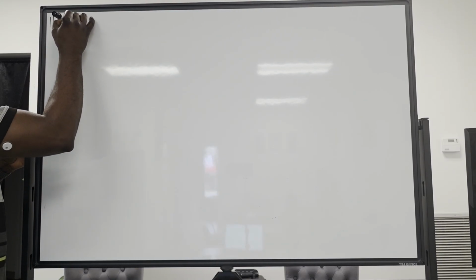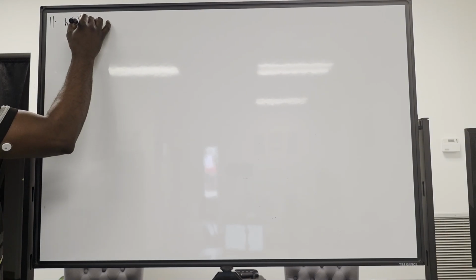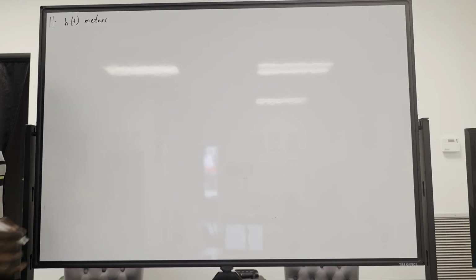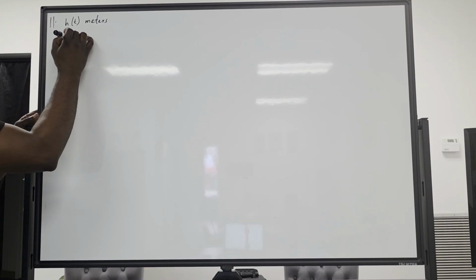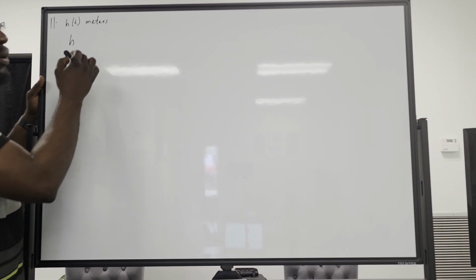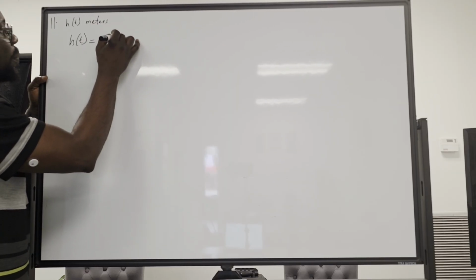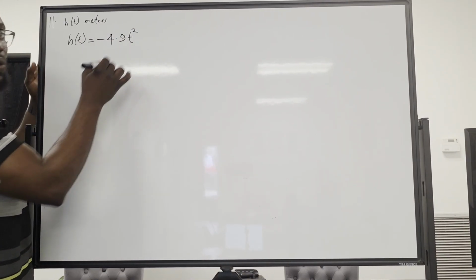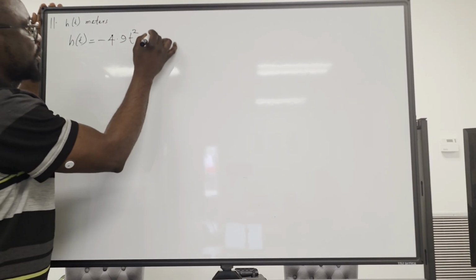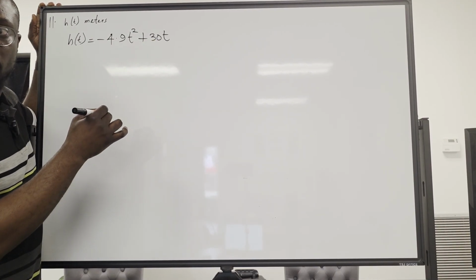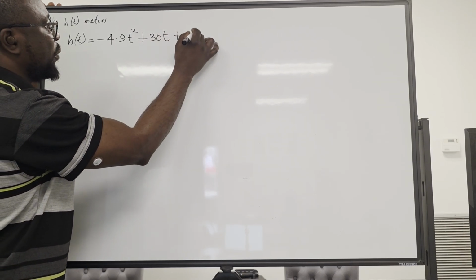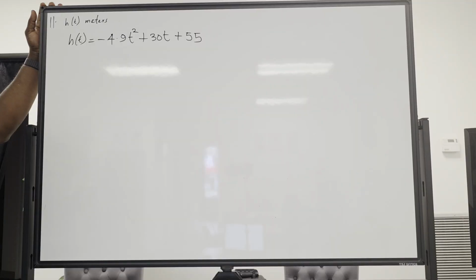The height, which is h, as a function of time in meters, of the object t seconds after launch is modeled by this equation: h(t) = -4.9t² + 30t + 55. The question is, what will be the height in meters?